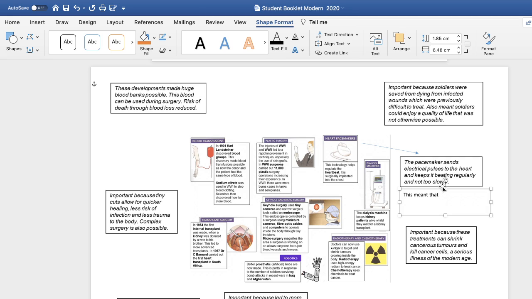If that's allowing the heart to beat regularly and not too slowly, this meant that people who have anomalies in their heartbeat can regulate, and these can be detected. Okay, so just a little sentence just to explain even further what would the impact be on someone's health if they had that sort of treatment. And I want you to go through each one and make sure that you're able to do that.